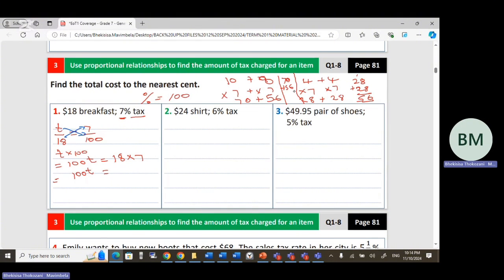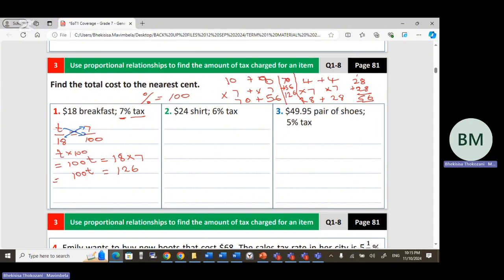So this is 6, and 7 plus 5 will be 12, so now we have 126. So we just added 70 plus 56, and it gave us 126. So we know that now 18 times 7 is equal to 126.